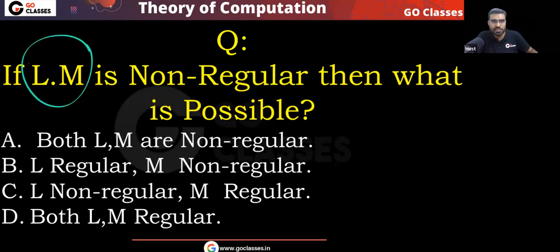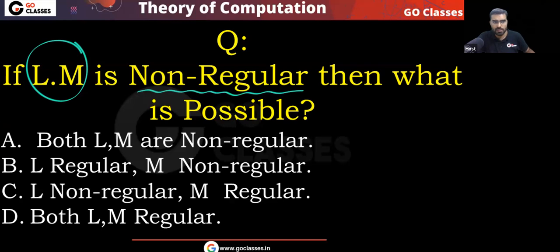Now I am saying L·M is non-regular. This language L·M is non-regular. Now tell me, is it possible that both L and M are regular?